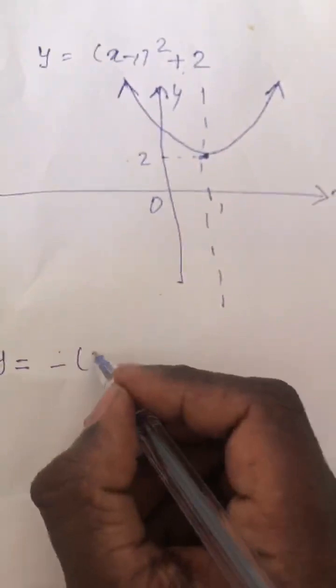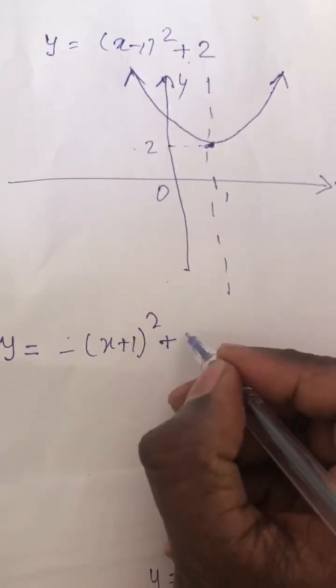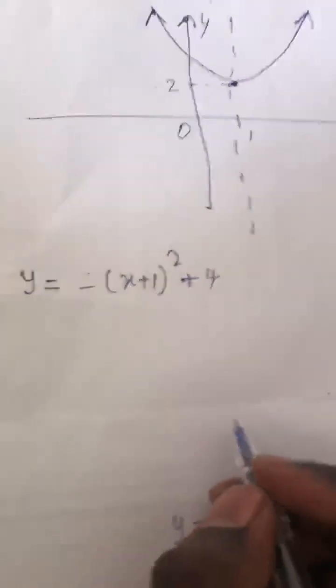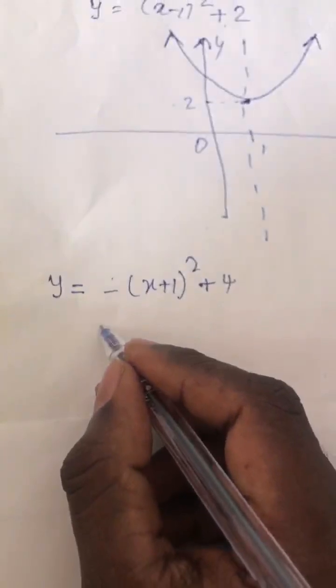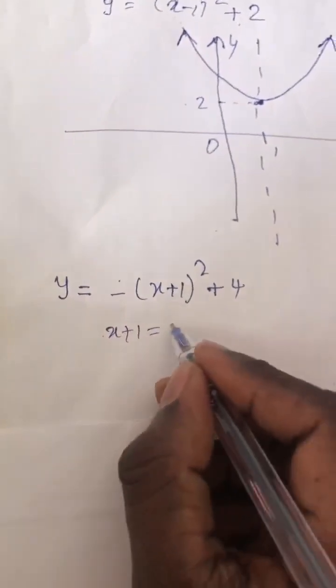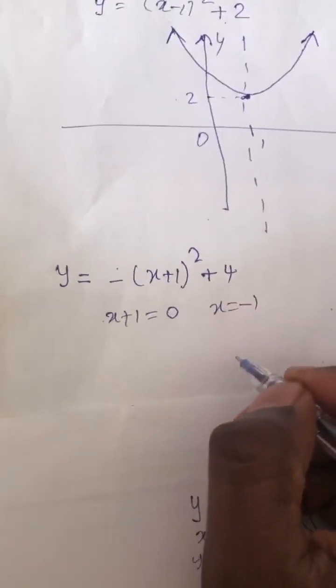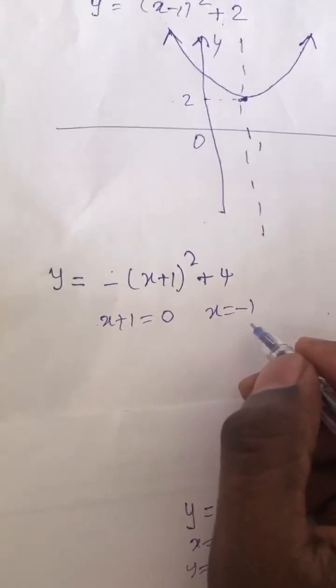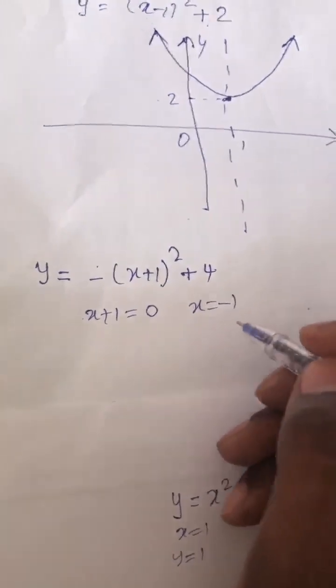Okay, right. We can draw minus x plus 1 squared plus 4. So we know that for the equation of symmetry, x plus 1 will be 0, x equals minus 1. This is a symmetrical line, and there is a horizontal shift as well.